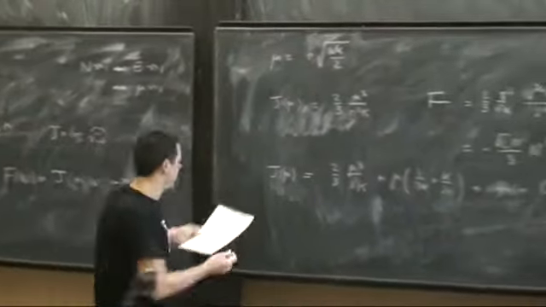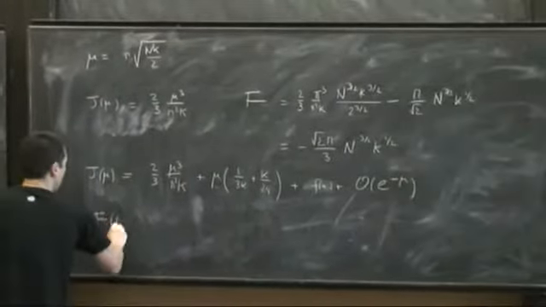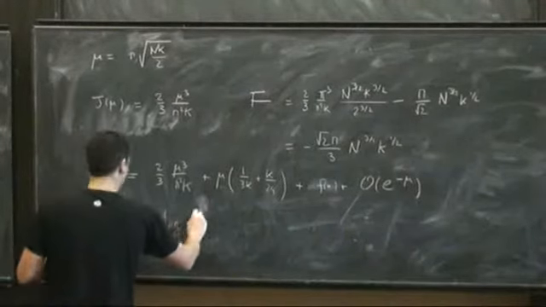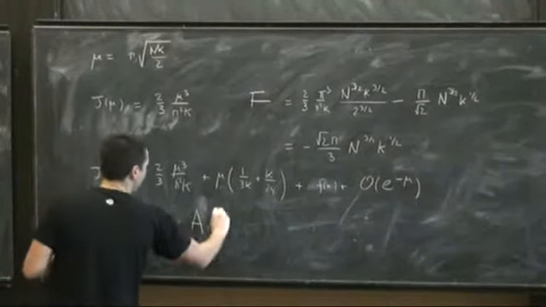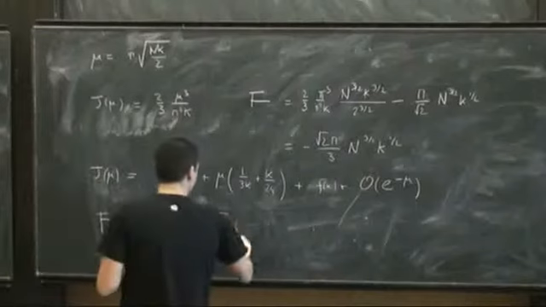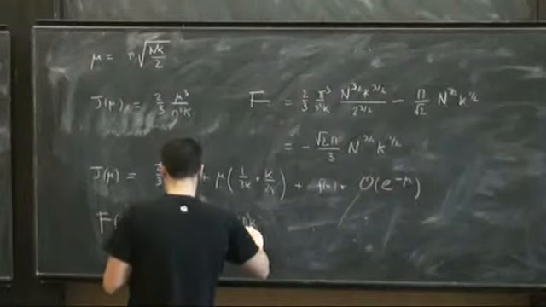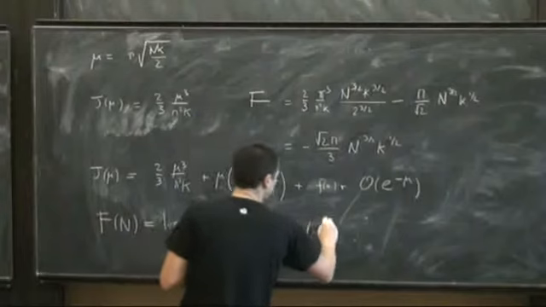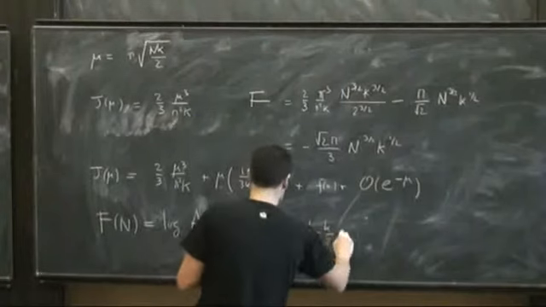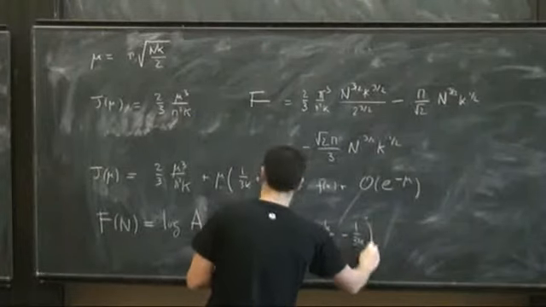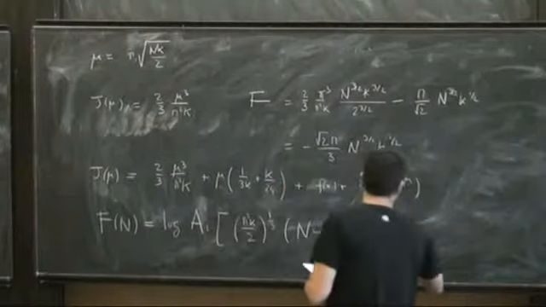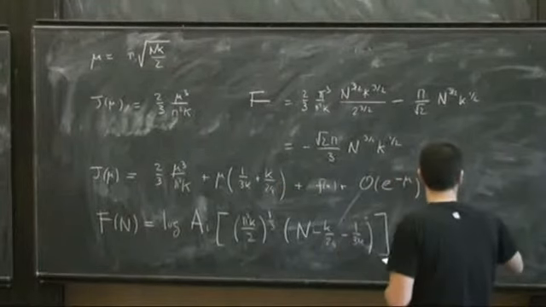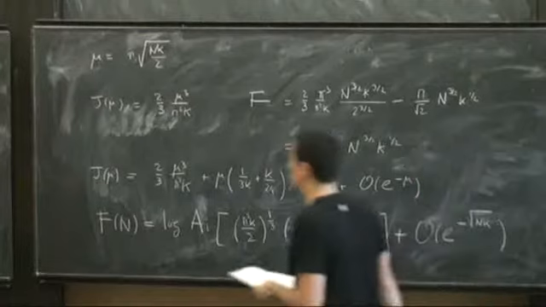So you can actually see that if you use the whole machinery with no approximations, what you find is that the free energy of ABJM theory is the log of an Airy function. And then you have corrections which are of order e to the minus square root of n over k. So they are exponentially small corrections.